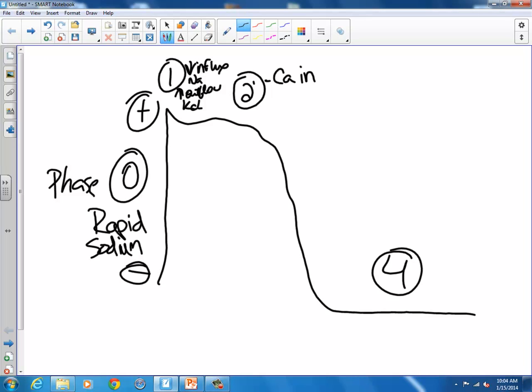So calcium comes in. Why is it necessary for the influx of calcium? What can't happen if calcium doesn't come in? So there's no point in the cell depolarizing if it can't contract, right?